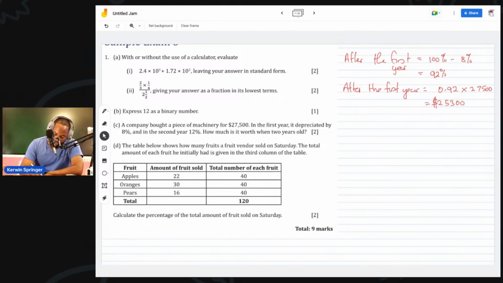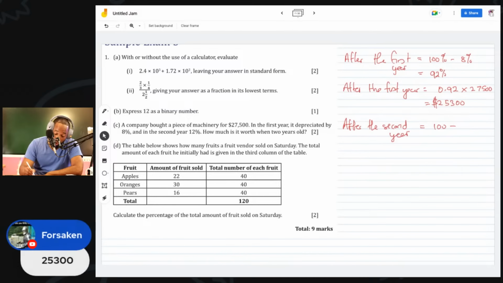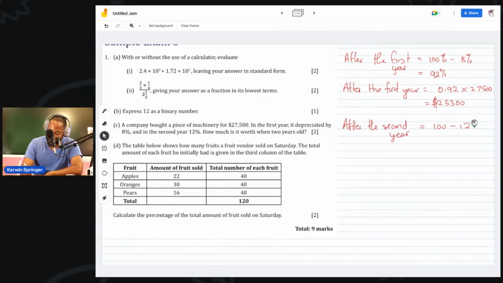So after the second year, it's going to be equal to 100 minus 12%, since it's going down by 12% in the second year. What is going on with this machinery? So it's now 88% of the first year value. Not the 0 years, now when you buy it initially, after the first year.